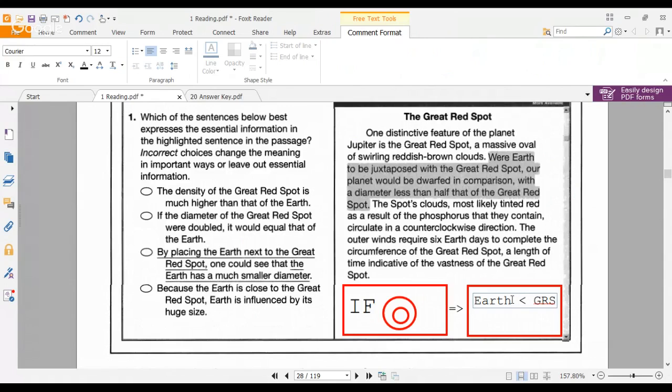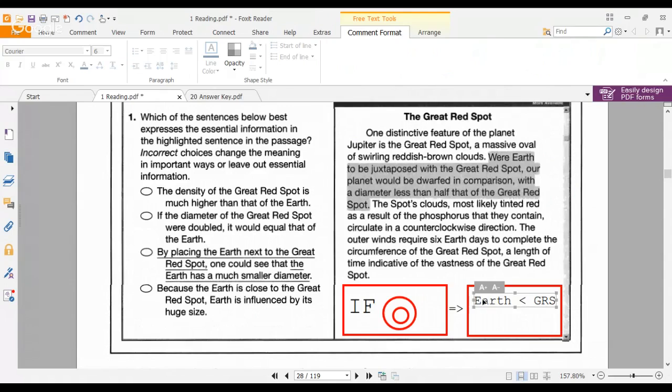Okay. So have a look at this. What is easier? To try to read every sentence and compare it with this long, long highlighted sentence? Or maybe it's easier to read every option and compare it with our diagram. I think this is the best.